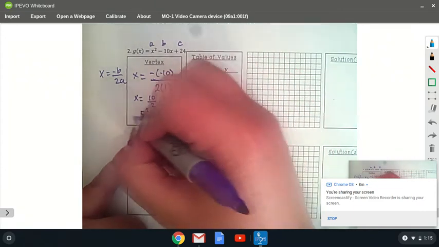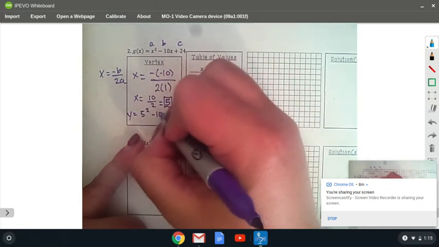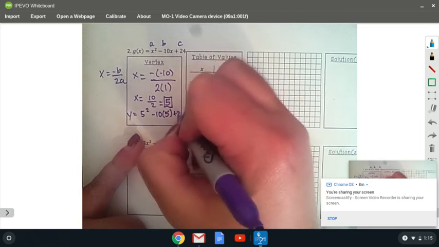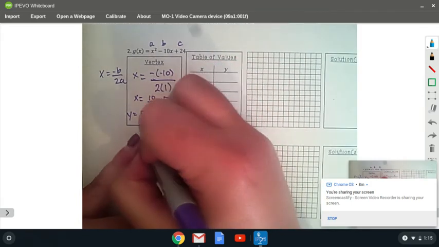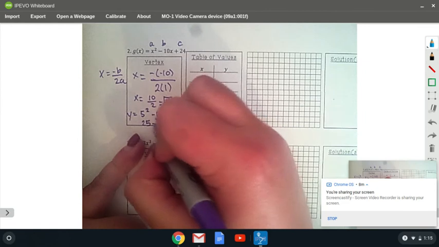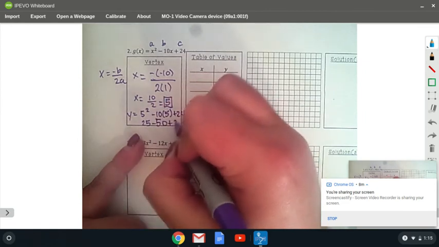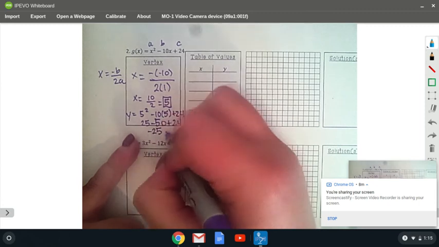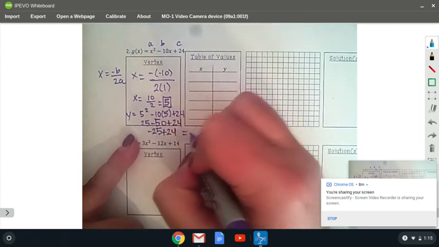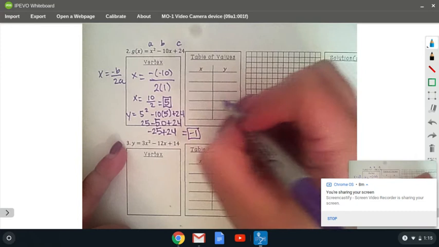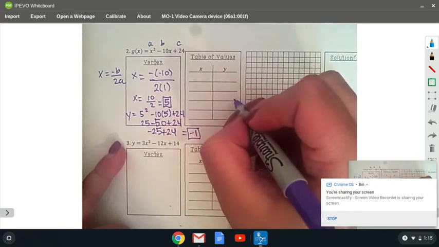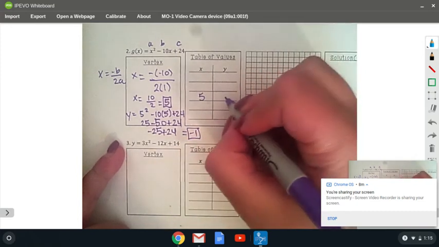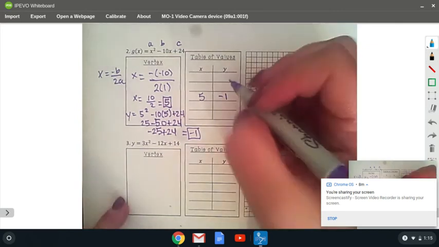So I'm going to do 5 squared minus 10 times 5 plus 24. 5 squared is 25. This gives me -50. 25 minus 50, that's -25. Plus 24, that's going to give me a -1. So my vertex, which I'm going to put in the middle of this chart, is 5, -1.